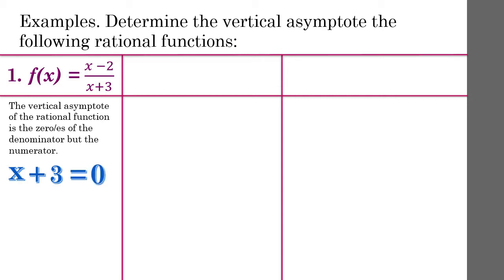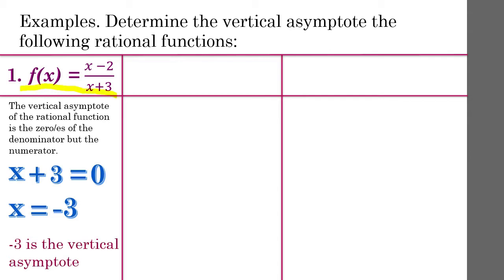So transposing 3 to the right side of the equation, x is equal to negative 3. So we transpose positive 3 to the right, it becomes negative 3. And therefore, negative 3 is the vertical asymptote of the given function.